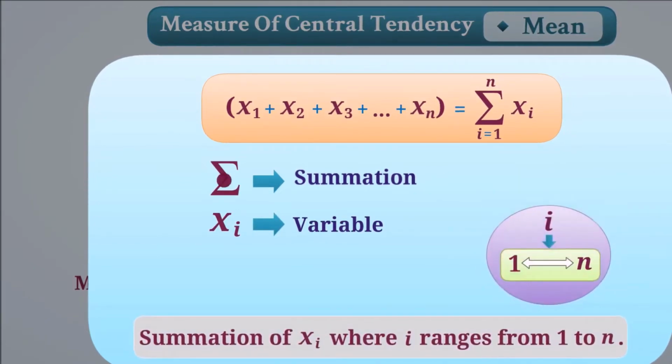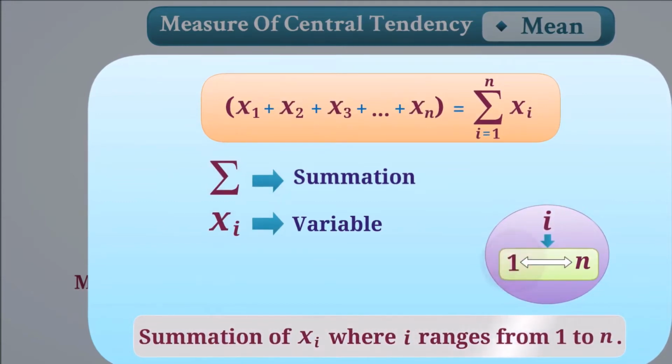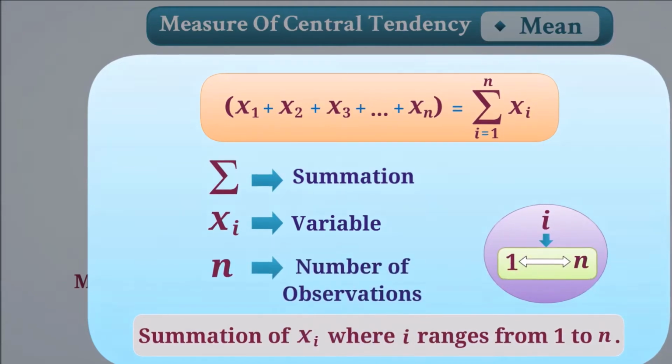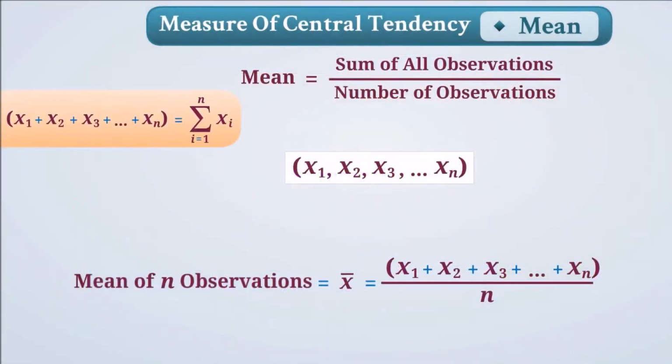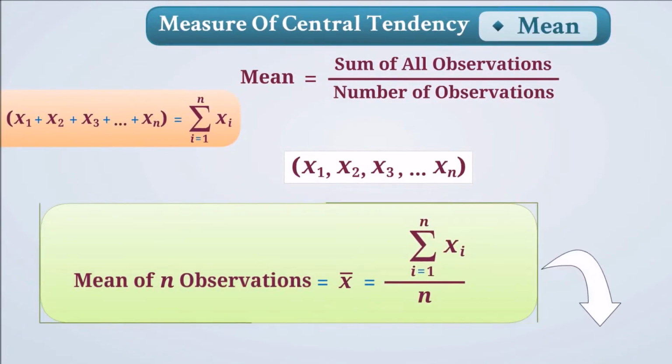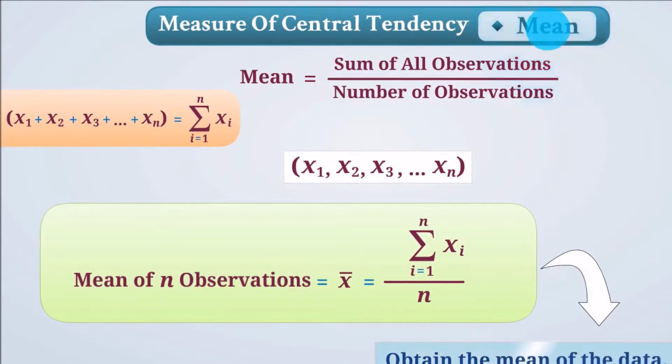We read it as summation of xi where i ranges from 1 to n. Here, n represents the number of observations. With its help, we can now represent the mean in this way. We use this formula to obtain the mean of the data.